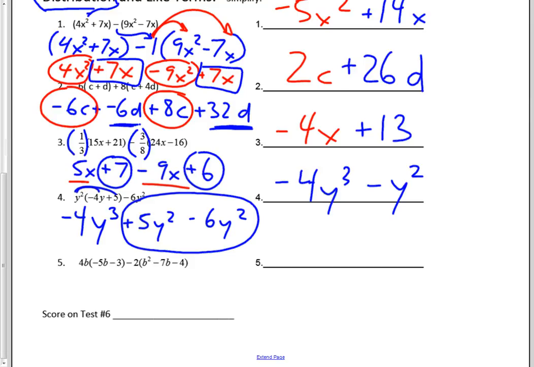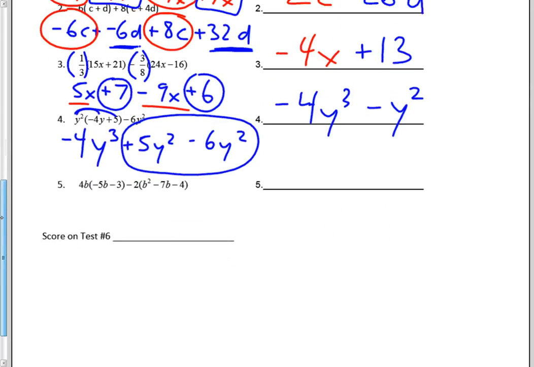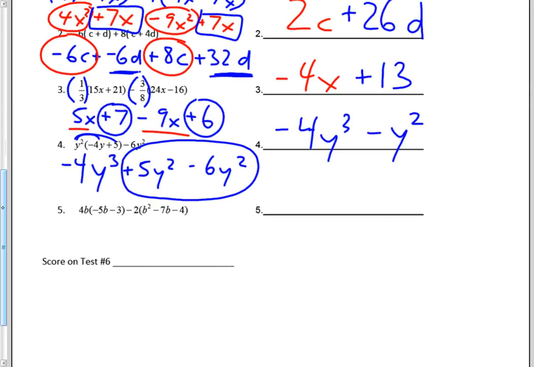Last one. I've got to multiply 5 times 1, 2. Then I multiply 1, 2, 3. Actually, I'm going over this right now.